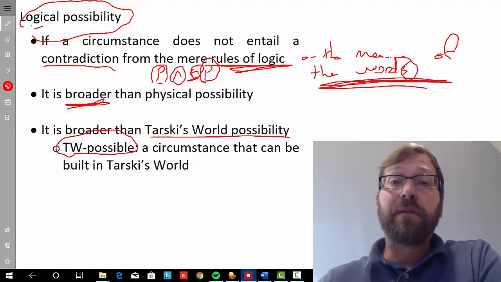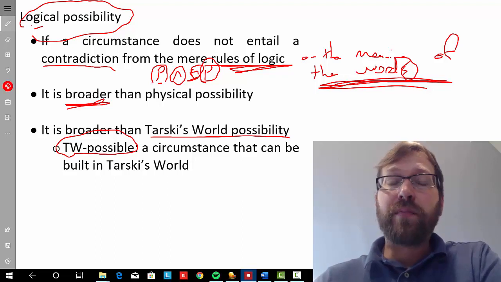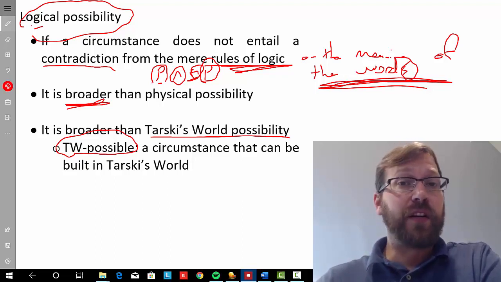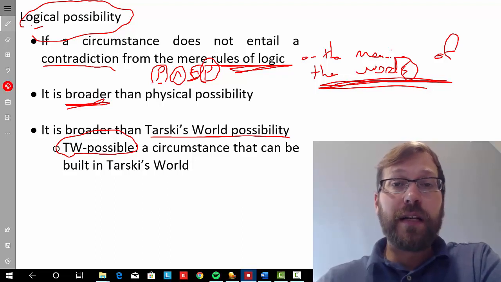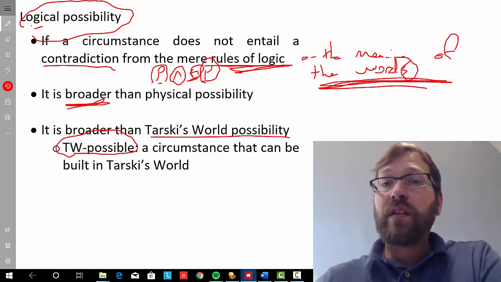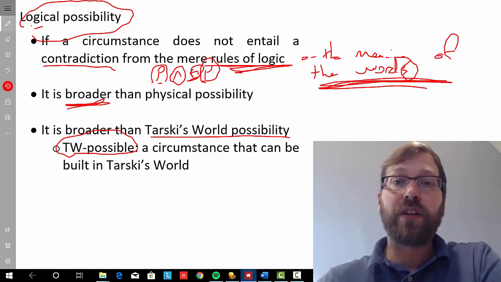And clearly it's a physical possibility as well. It's also a physical possibility for something to be a sphere. But that's actually Tarski world impossible. In Tarski's world, there's no option for any of the objects to be spheres. The only options that we have available are cubes, tetrahedra, and dodecahedra.